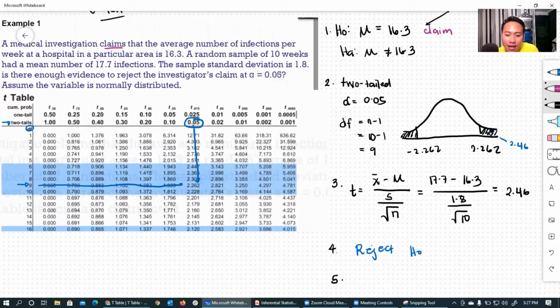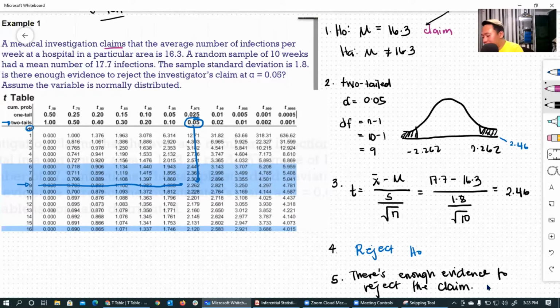So we can say there is enough evidence to reject the claim. Or you can make your own statement of conclusion, but make sure that the conclusion makes sense. It is similar to the conclusion that I wrote here. You can also say that it is true then that the average number of infections per week in a hospital is not equal to 16.3.